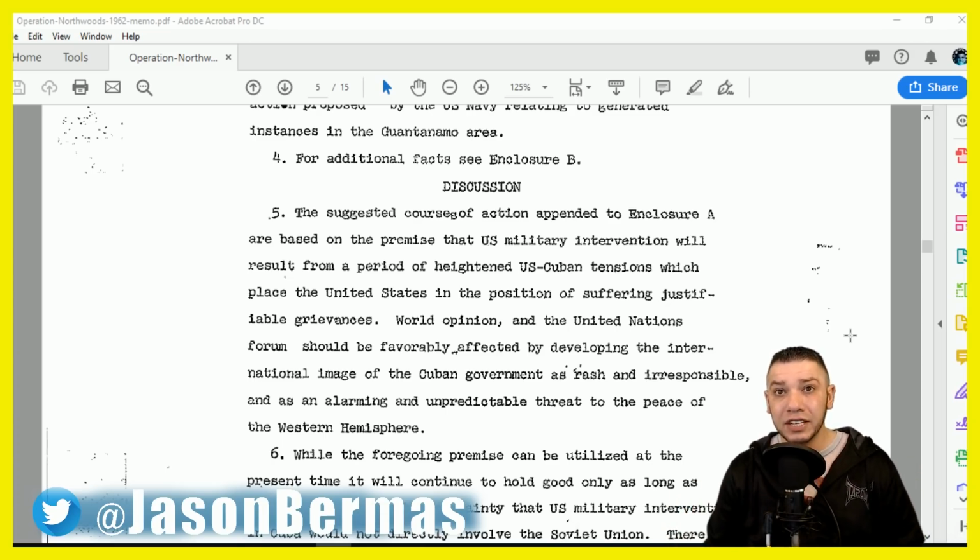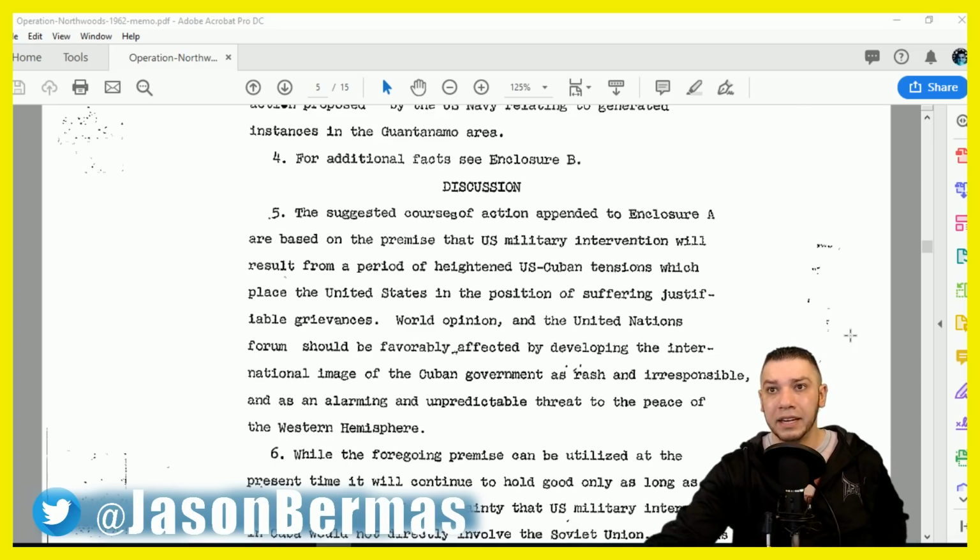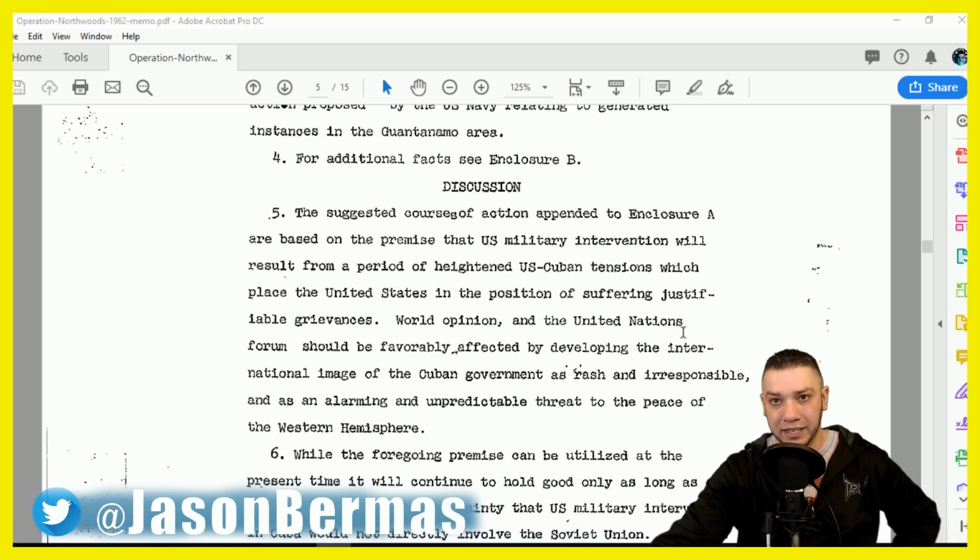The suggested course of action append to the enclosure are based on the premise that the U.S. military intervention will result from a period of heightened U.S.-Cuban tensions, which place the United States in a position of suffering justifiable grievances. Remember, it has to be justified in the public's mind.